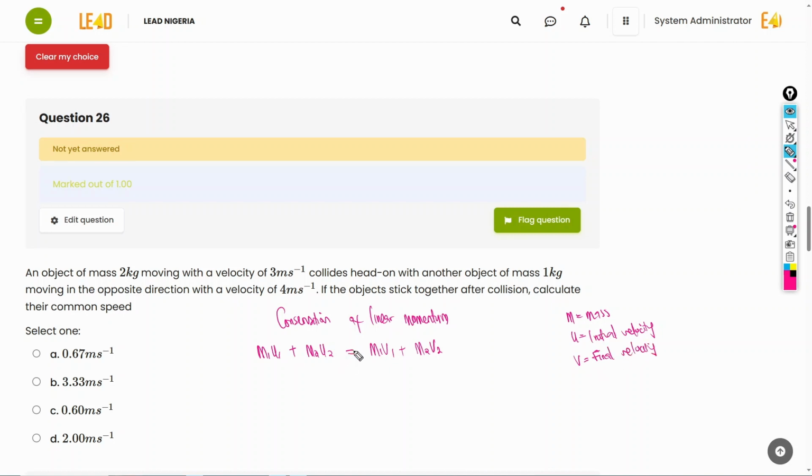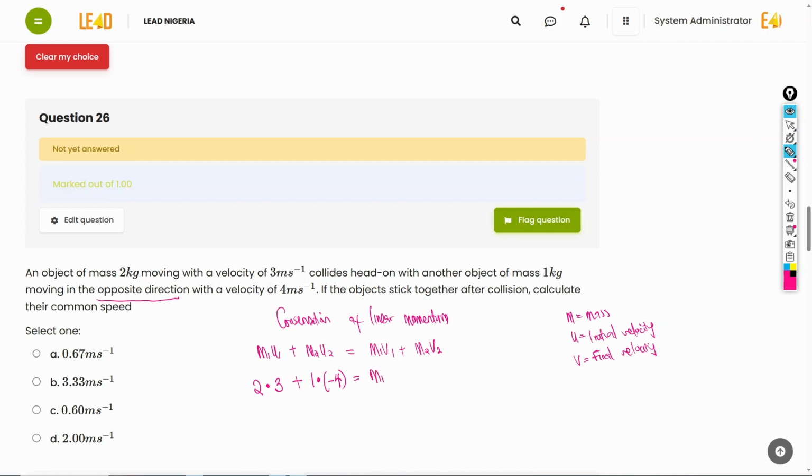So what's my m1? m1 is 2 for the first one, and the velocity is 3. So 2 times 3 plus m2 is 1, and the second one is moving in the opposite direction. Remember, velocity is a vector, right? So that will make this minus 4.